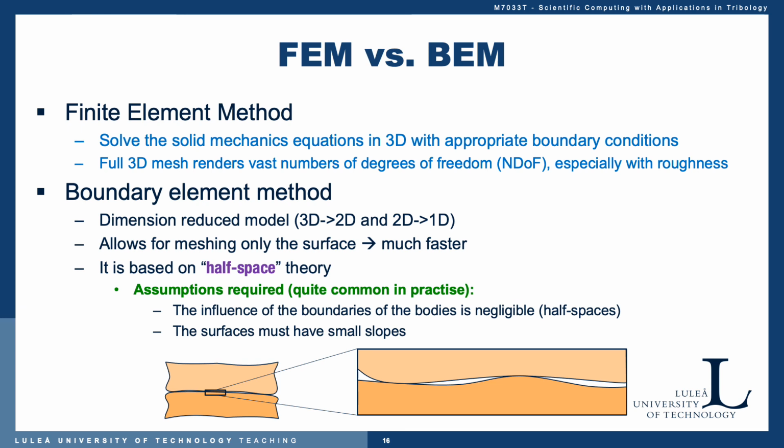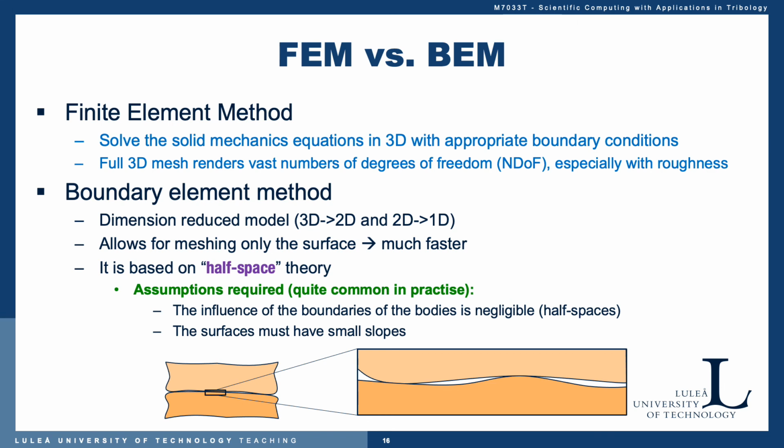Already in the left schematic of the contact, we see that the surfaces have small slopes, but even when we magnify the portion where it makes contact, we can see that the slopes are very, very small, and this is a basic requirement for this half-space theory to work.